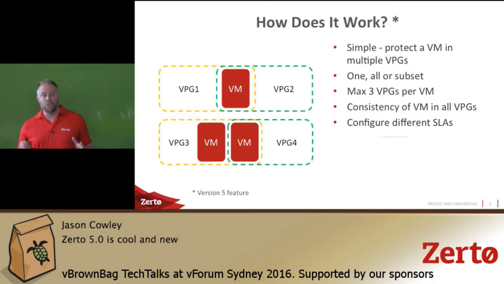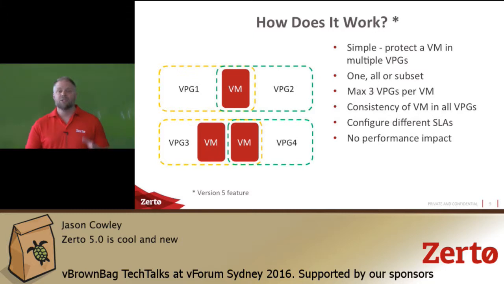There's absolutely no performance impact to replicating to multiple locations, okay? The only constraint that you might have is that you need to go through a little bit more sizing for the actual replication appliances that we have running in your production environment, okay? Because we are going to be pushing a little bit more I/O through that VRA, we do have to size for it a little bit more, okay?